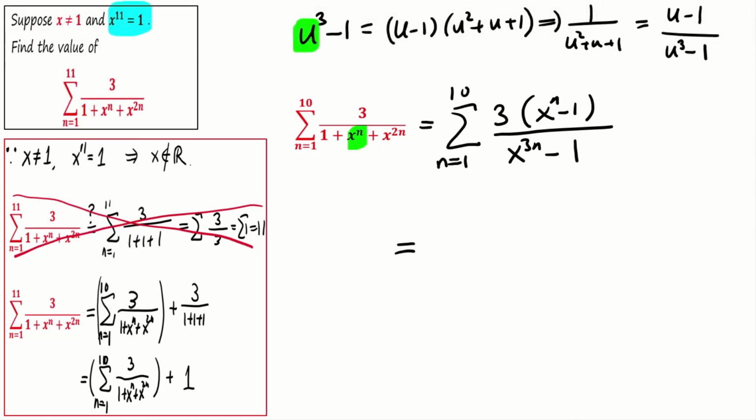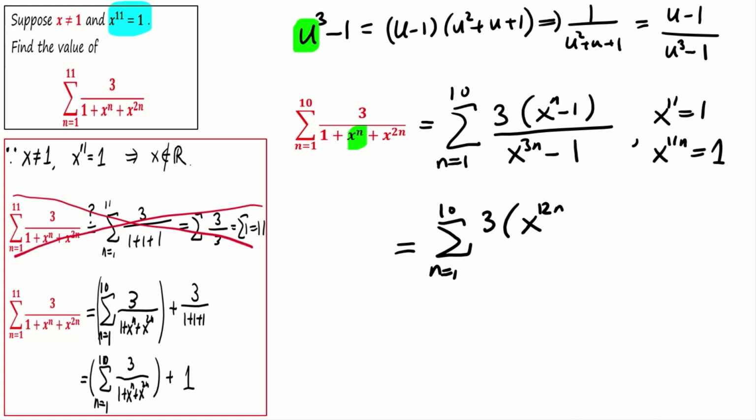Note that x to the power 11 equals 1, so x to the power of 11n also equals 1 for all integers n from 1 to 10. Therefore, this can be written as 3 times x^(12n) minus 1 over x^(3n) minus 1.